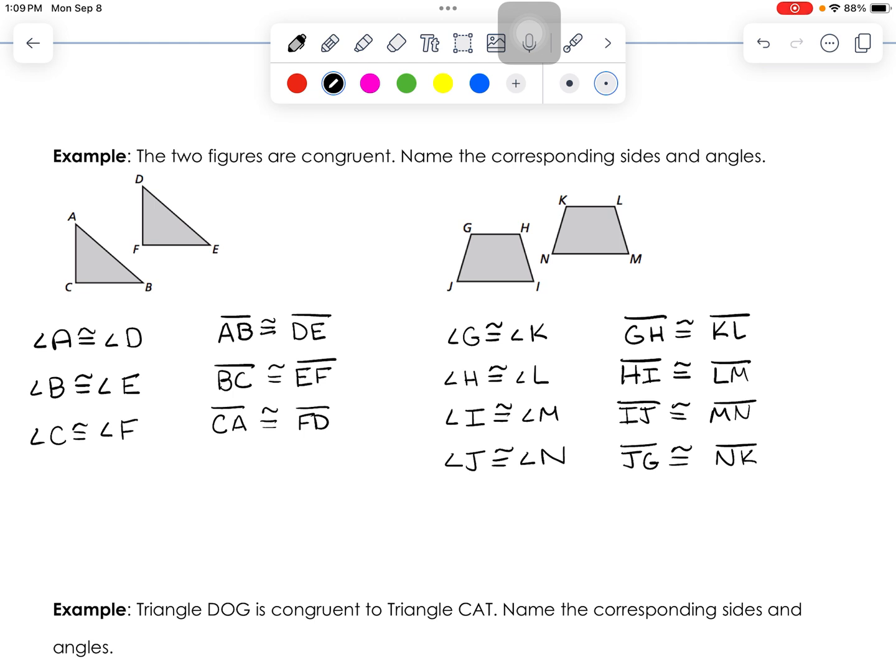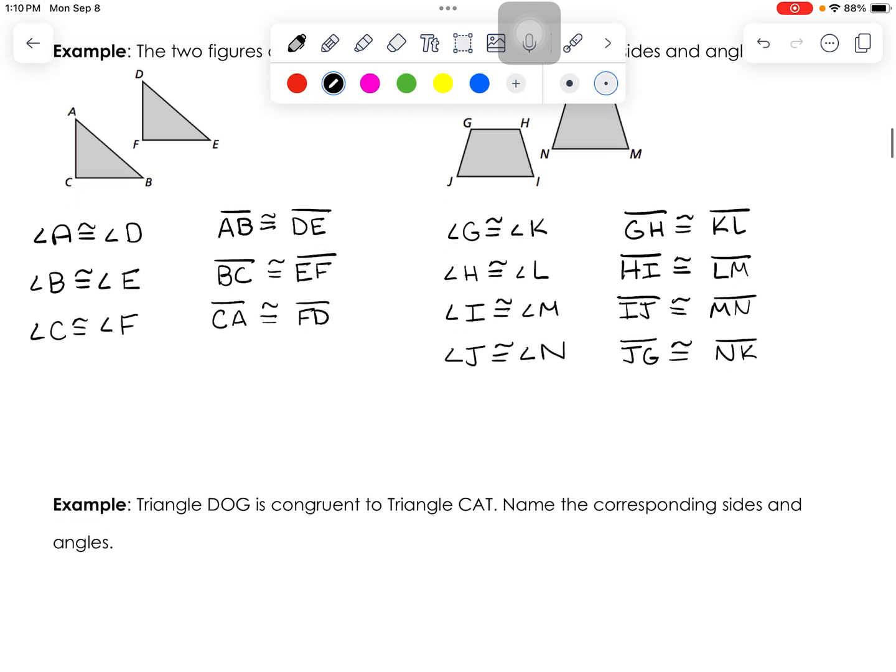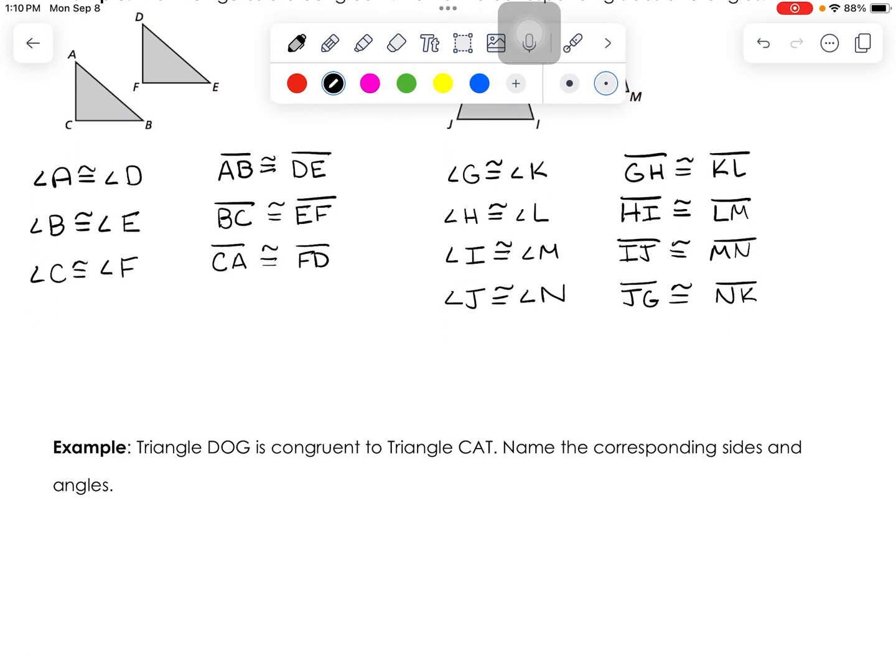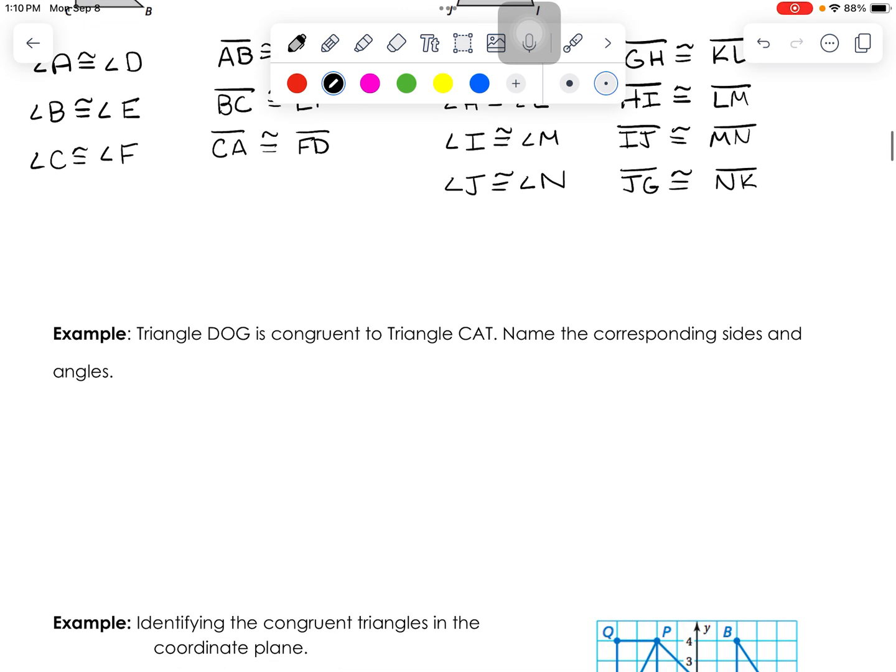Okay, when we are looking at congruent figures, the order in which we write the letters matters. So in this example, they said triangle DOG is congruent to triangle CAT.